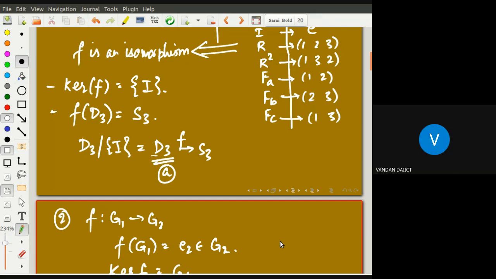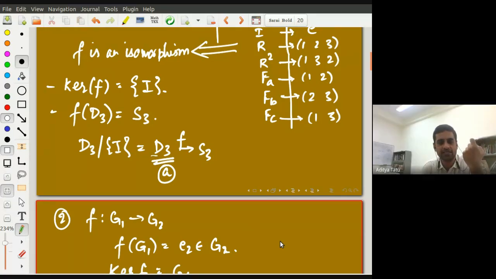But sir, if we look at the number of elements in D3 and the quotient group of D3 with respect to identity, it looks like division by 1. That's because you are not looking at the right relation. The way I'm constituting this relation is by looking at the remainders obtained after dividing by a particular number.